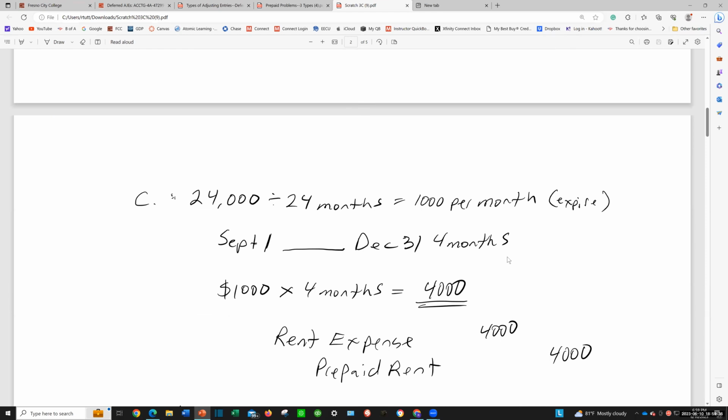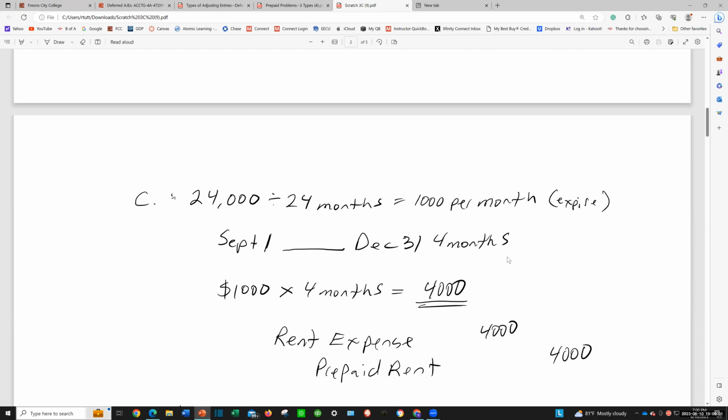Now, this is prepaid rent. So you're paying your landlord in advance for rent. And of course, that's going to benefit you in the future, right? It said on September 1 of the current year, the company prepaid $24,000 for 2 years of rent for facilities being occupied that day.